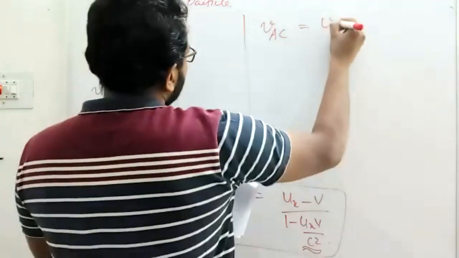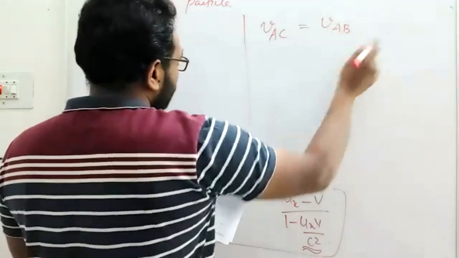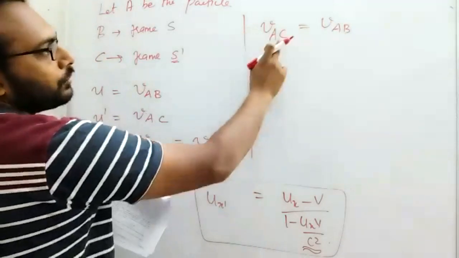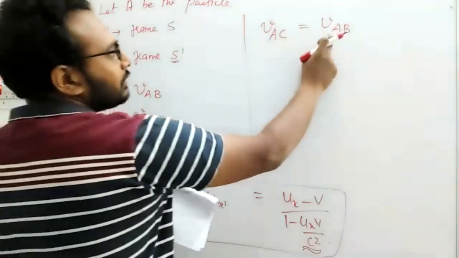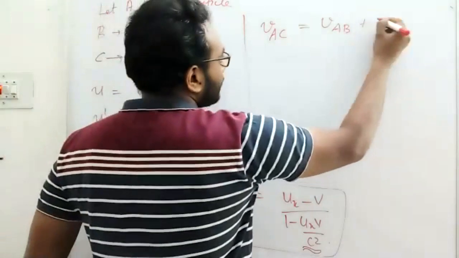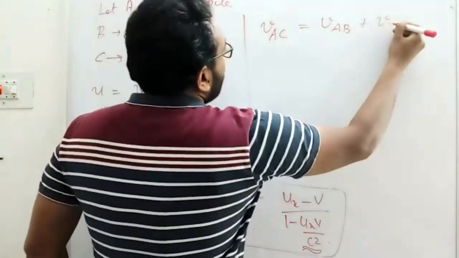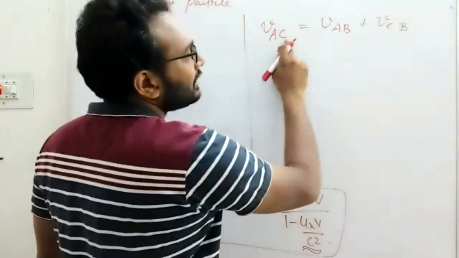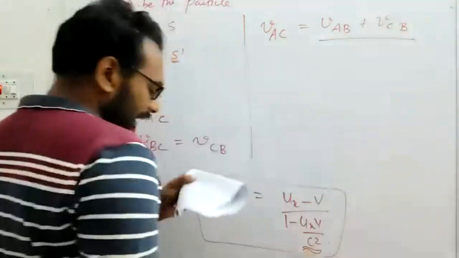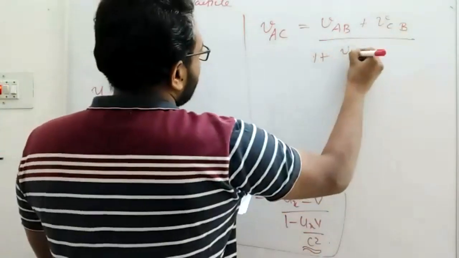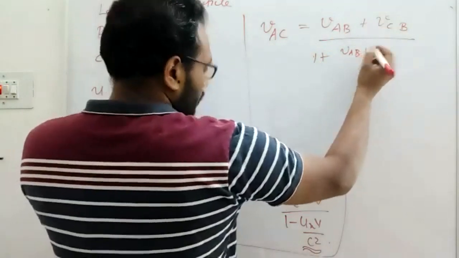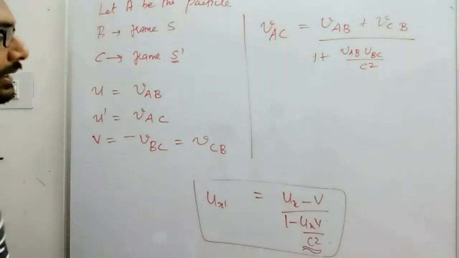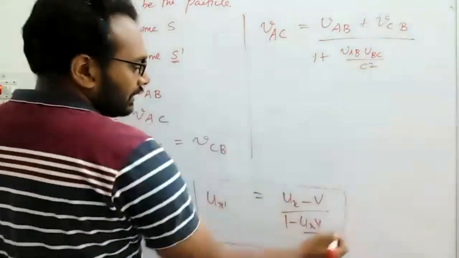It is equal to VAB, the velocity of A with respect to B. We know the velocity with respect to B, and we are asked to find the velocity of A with respect to C. So it's the velocity of A with respect to B plus the velocity of C with respect to B, because the frame C itself is moving with respect to B, divided by the Einstein factor, 1 plus VAB VBC by C square.